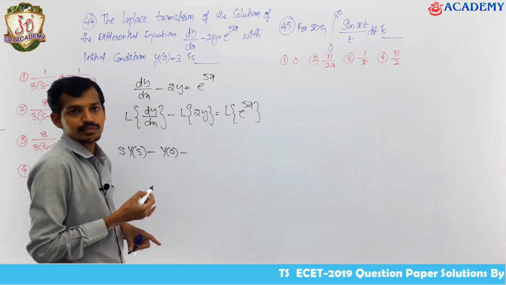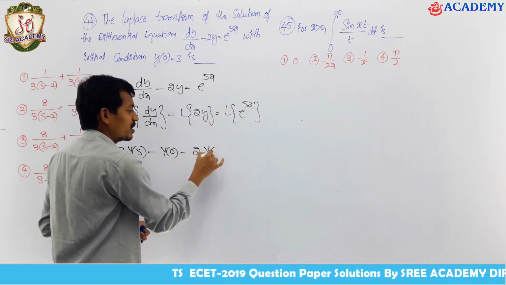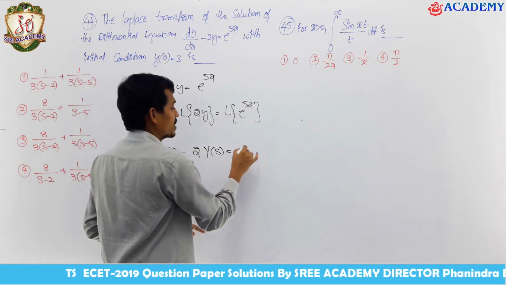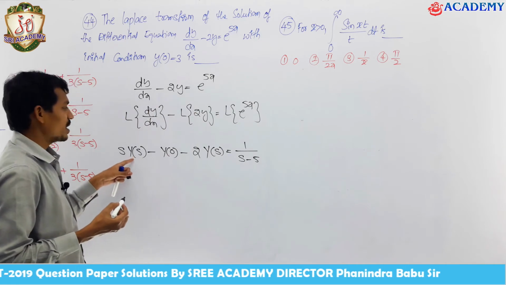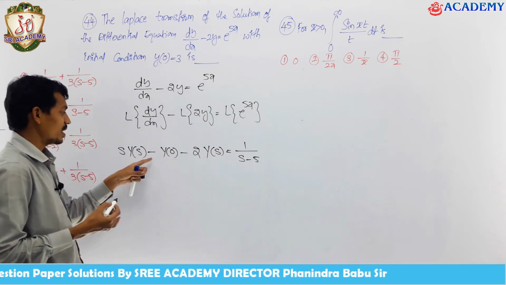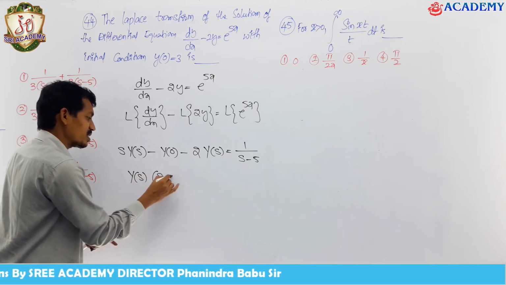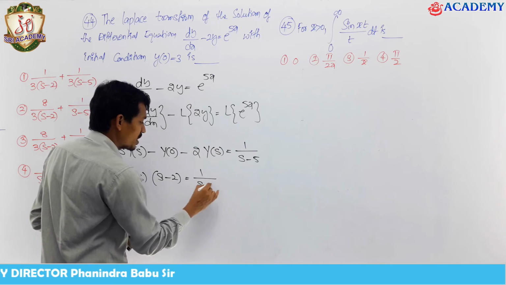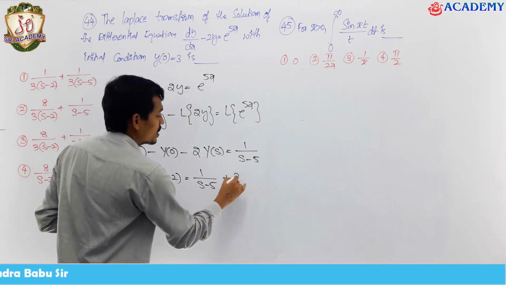Minus 2 into the Laplace transform of y, which is Y of s, equal to the Laplace of e power 5x, which is nothing but 1 by s minus 5. Y of s is there on both sides, so I am taking Y of s common: s minus 2 times Y of s equals 1 by s minus 5, plus y of 0, which is given as 3.